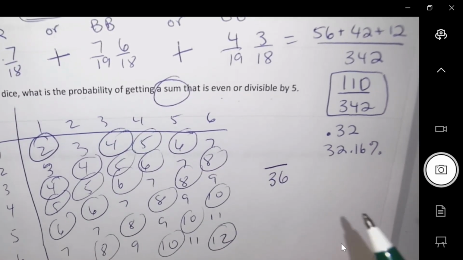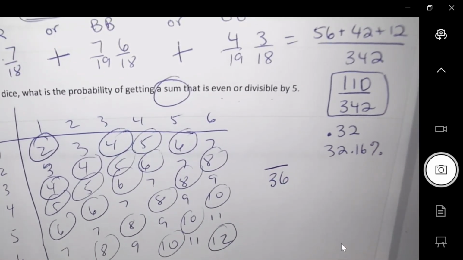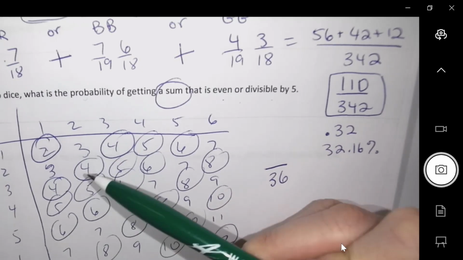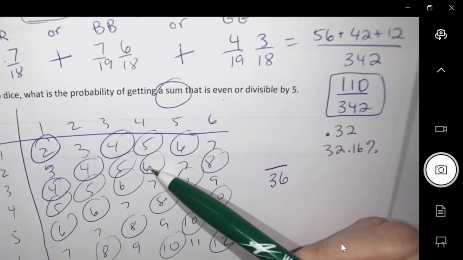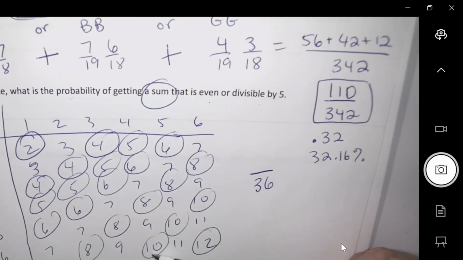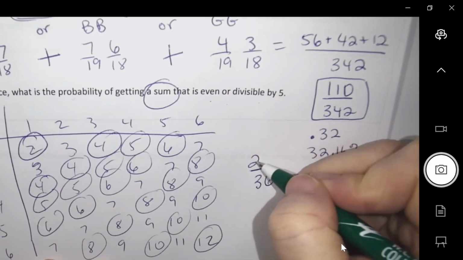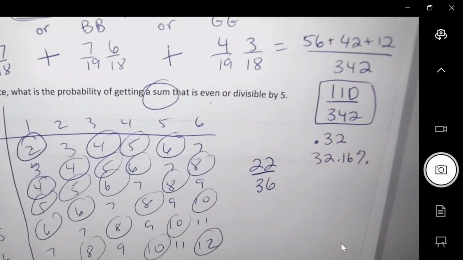The 10s would be an overlap, so I just don't count them twice. They're already circled. Okay, and then count how many things you've circled. I got 22 out of 36.